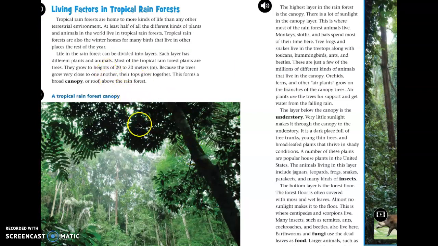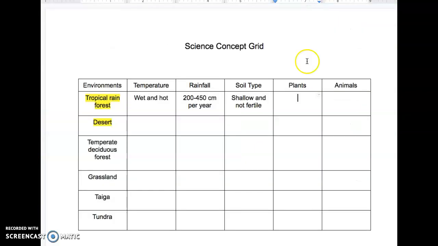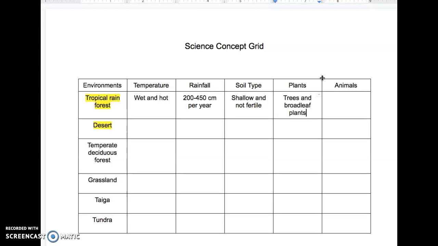Okay, they have trees, they have broadleaf plants. Okay, so I'll just put a couple in there. So trees, and broadleaf plants. Okay, just a couple of examples.